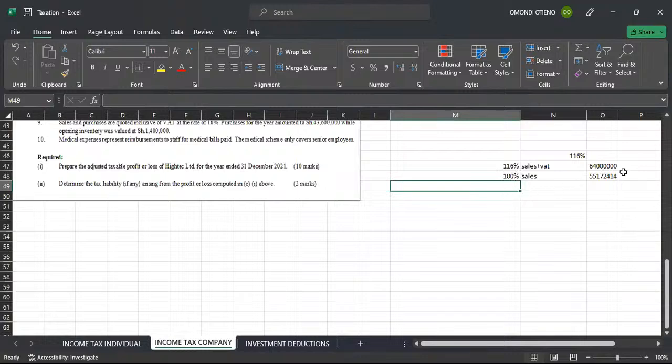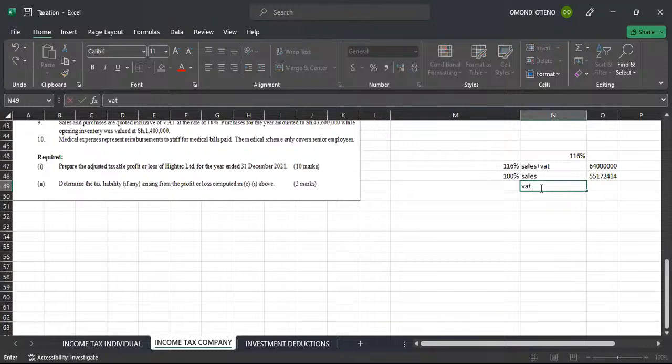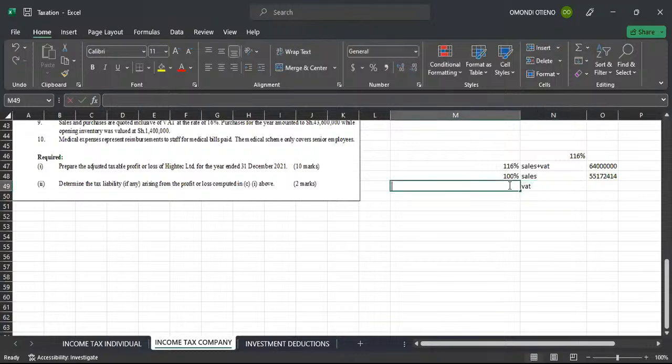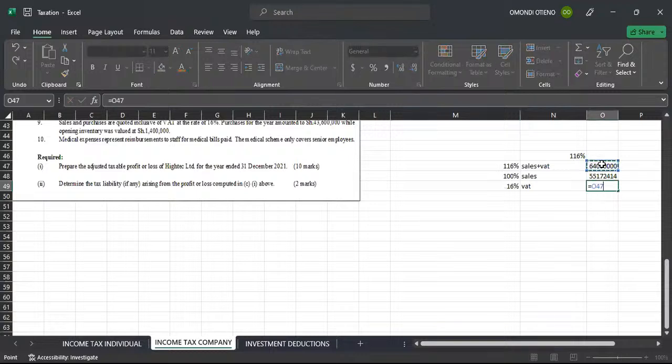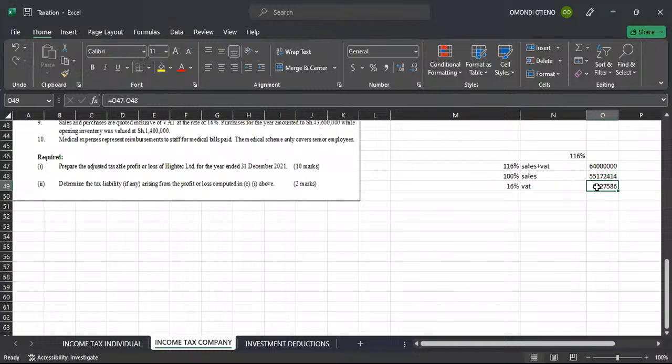So the value which you want to remove from this sales plus VAT is the VAT. And when we subtract the VAT, that is 64 minus real sales, we'll be able to get the VAT value. If VAT is the 16%, we said it is 64 minus that to get VAT.